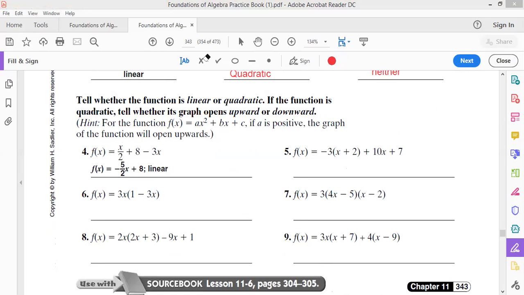I will simplify it on the whiteboard. We have x over 2 plus 8 and negative 3x.